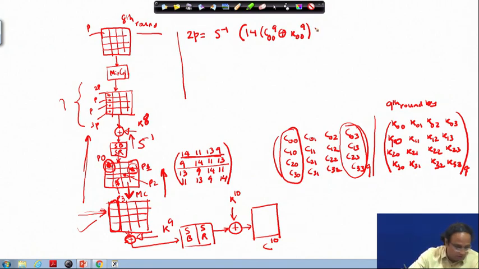So I take 14, 11 and apply them on this.